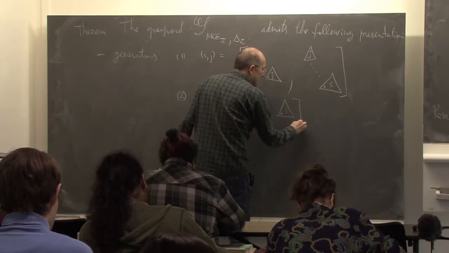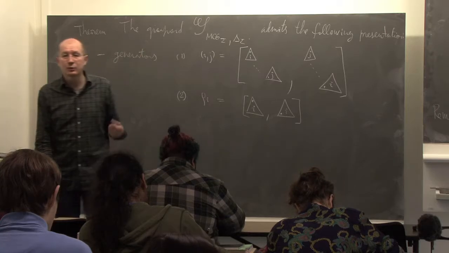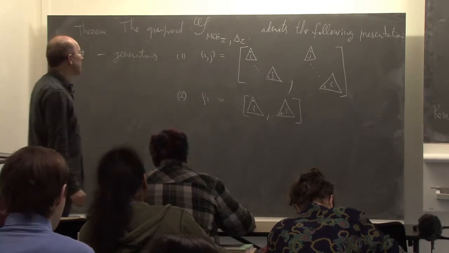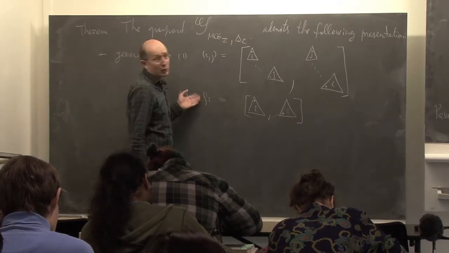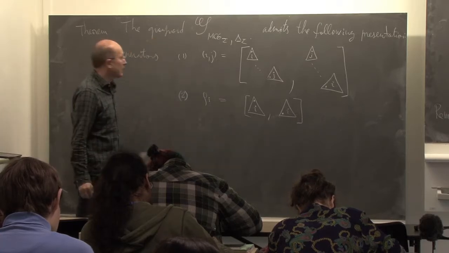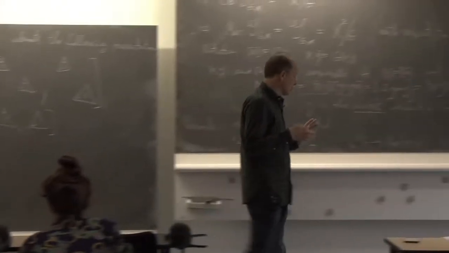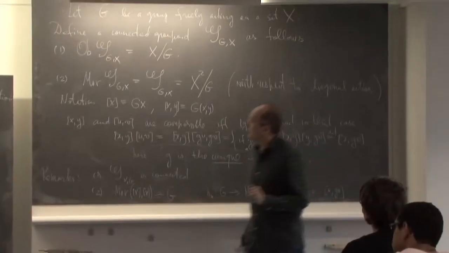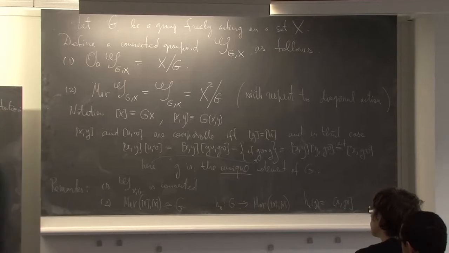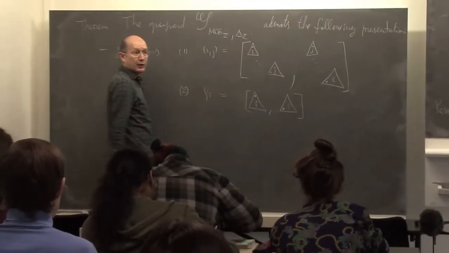And the mapping class group orbit of that pair will be denoted rho i. Again, this notation is a compact notation where we retain only information about the index of the triangle and not more than that.